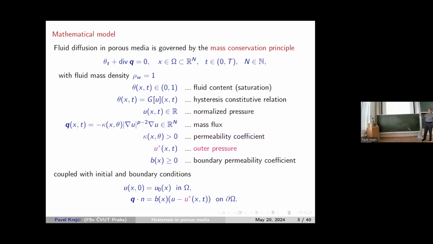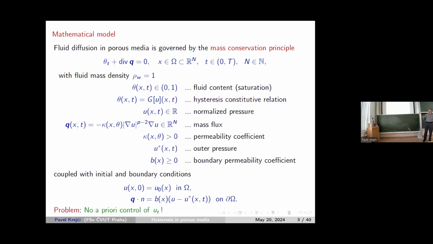U star is the outer pressure. This will appear in the boundary condition. B is the boundary permeability. So the flux on the boundary is proportional to the pressure difference inside, so the classical Robin condition. And G will be the hysteresis constitutive relation, which I will try to explain now.